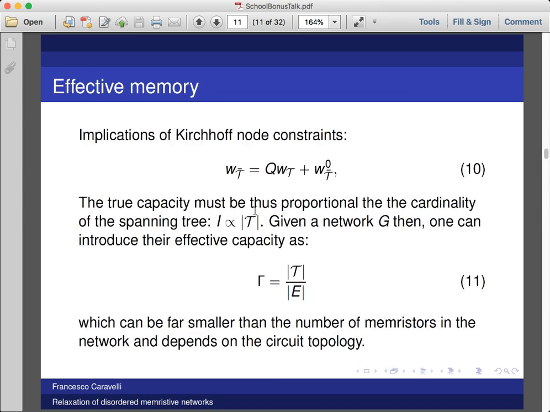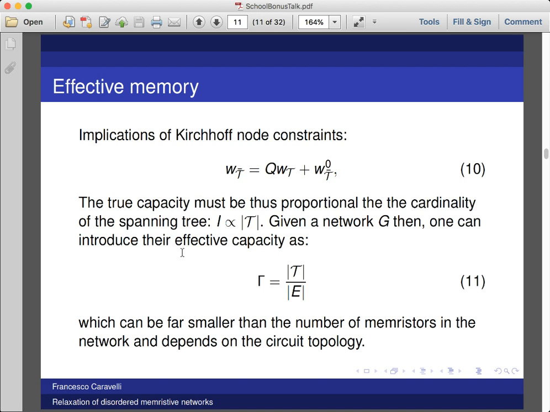If this is true, then in general, you can actually show that the amount of memory in a network is going to be less than the number of memories we apply in a network. For instance, if you have a network where there are 10 memory instances, but they are connected and they have to satisfy Kirchhoff's laws, then the number of independent memory instances is going to be proportional to the cardinality of the spanning tree.